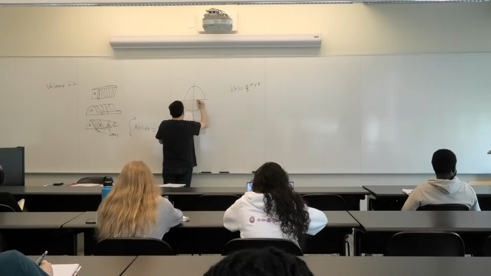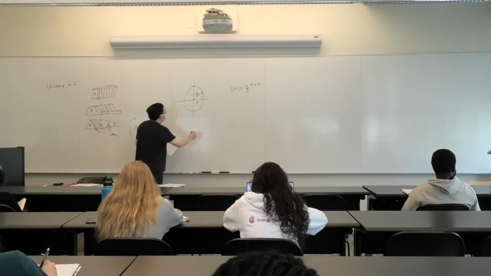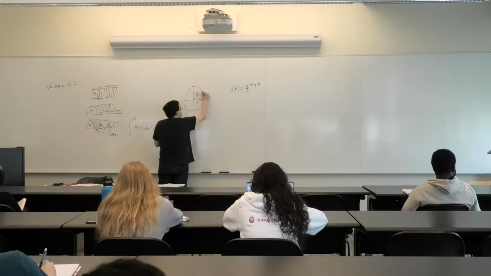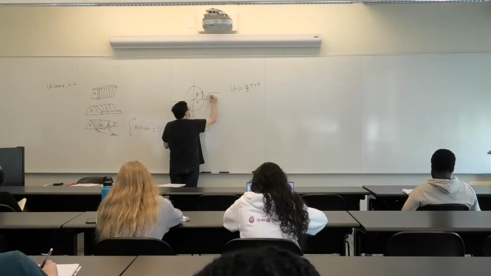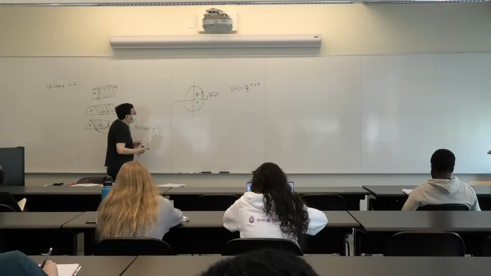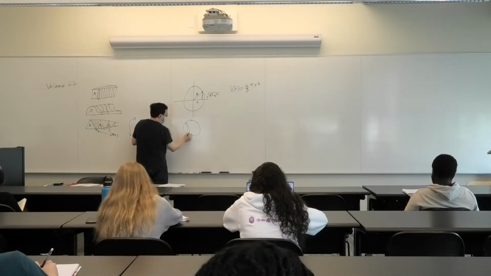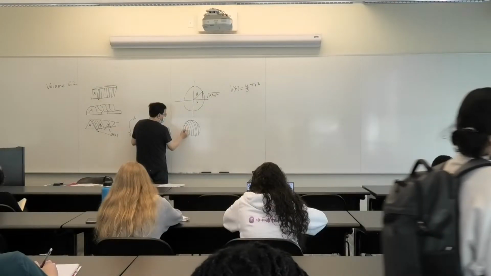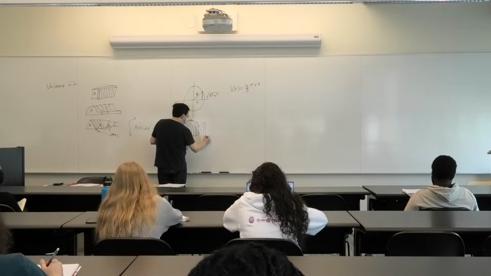So let's just take a look at the central cross section here. There's our radius, and here's x. So the height here, using the Pythagorean theorem, is going to be the square root of r squared minus x squared. Now the idea is we have a sphere, and you think of breaking it up into little almost cylinders.